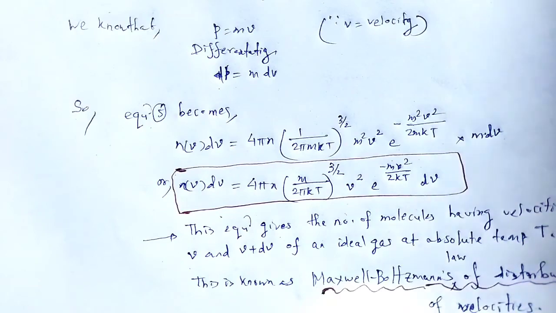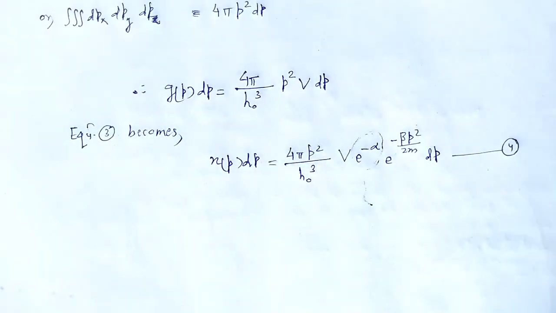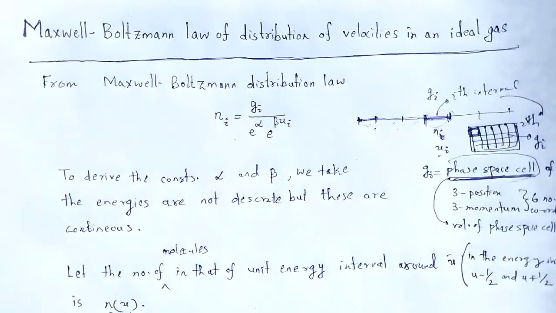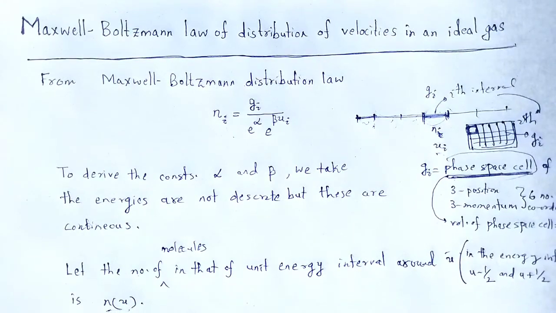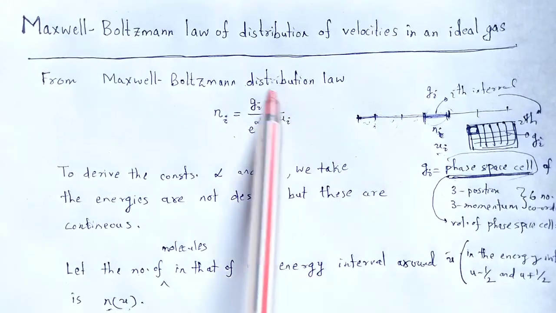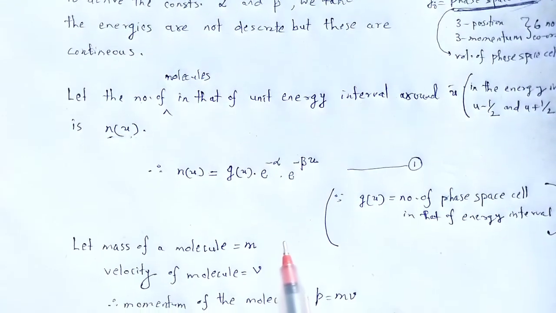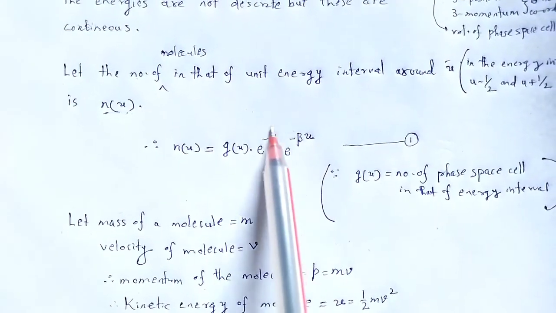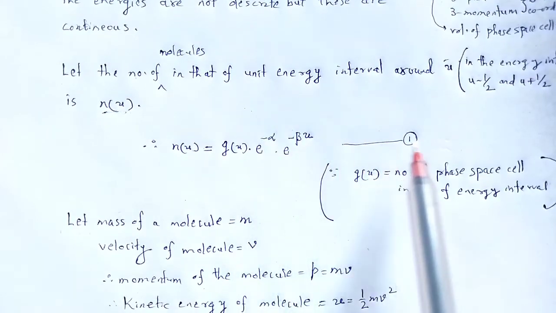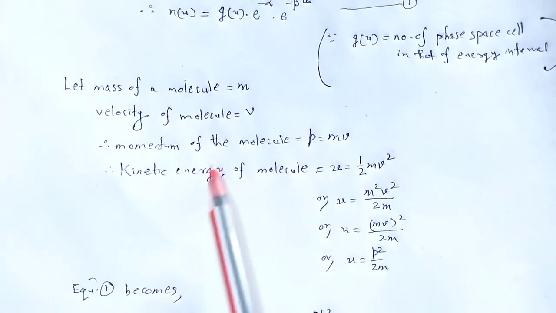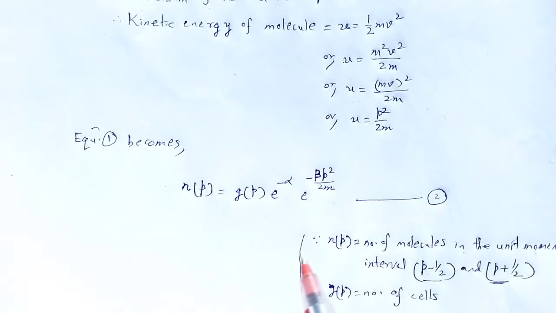So, with the help of this video lecture, we understand the Maxwell-Boltzmann law of distribution of velocities in an ideal gas, which can be derived from the Maxwell-Boltzmann distribution law. We proceed like this. First, we have to find out the value of constants like alpha and beta. To derive that, we proceed in this manner.